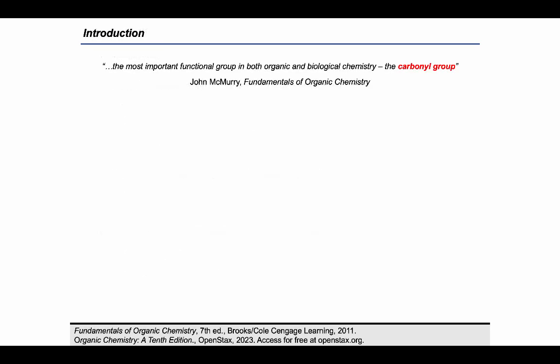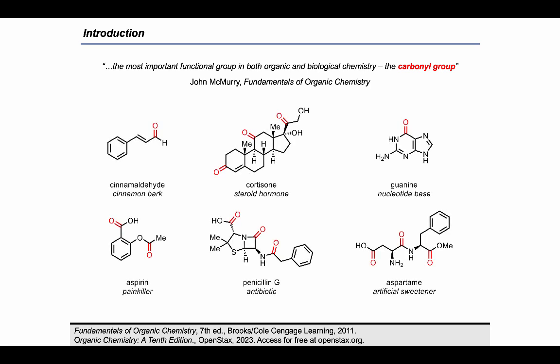But first, I want to briefly emphasize the importance of the carbonyl group in organic chemistry. As you'll no doubt be aware, the carbonyl motif is ubiquitous in both nature and the laboratory, and therefore it is considered one of the most important functional groups in biological chemistry and organic synthesis. Here are just a few examples of naturally occurring and synthetically derived carbonyl-containing compounds, and I'm sure you can think of many more.